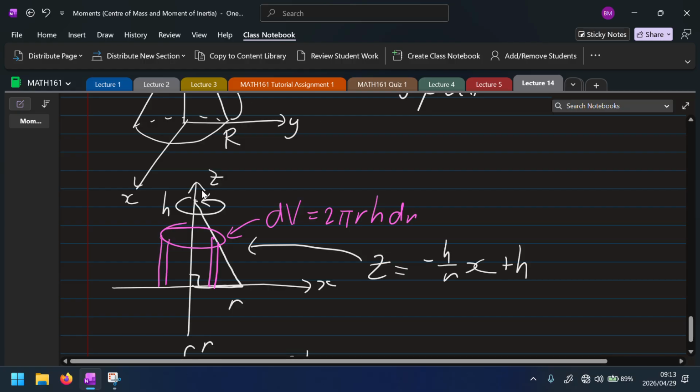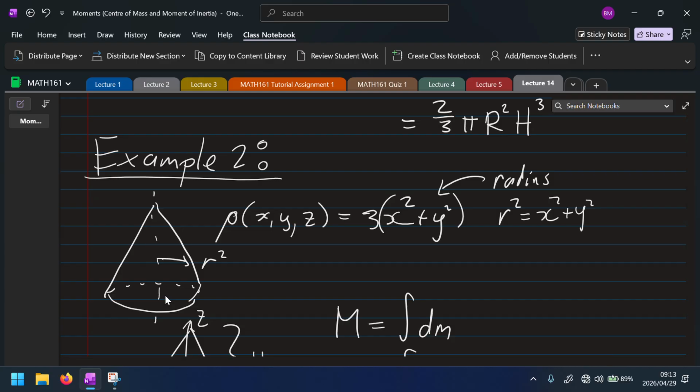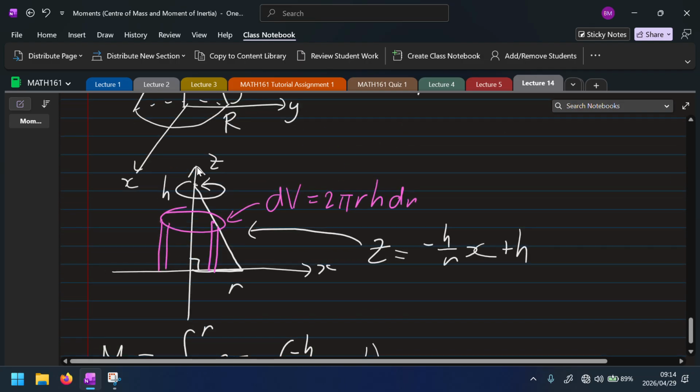Okay, we've got this 3D shape, right? With x, y, z. We said that the density was x squared plus y squared, which was the radius squared, for this thing. Now we took a slice. We cut it to make it easier for ourselves. We cut it into 2D. So we did a slice and we've got this. So z, that's the height. X, that's the horizontal part of our slice.